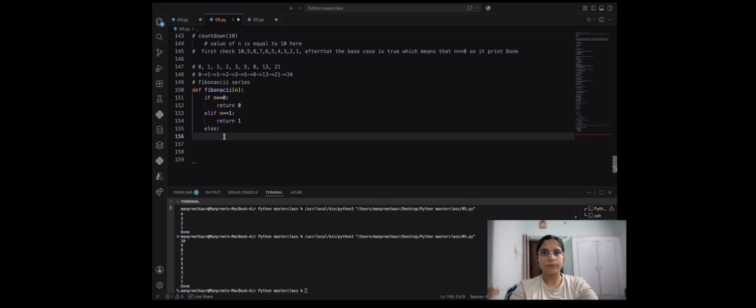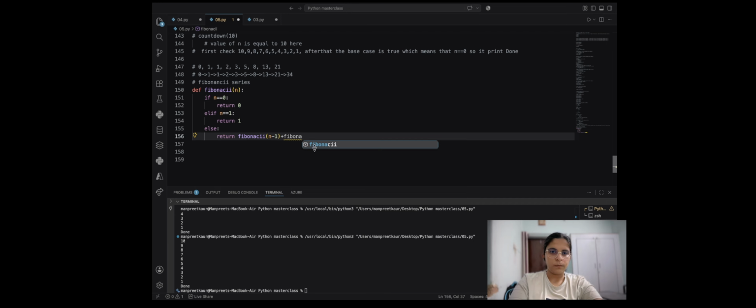Else, return the function of n minus 1 plus the function of n minus 2.